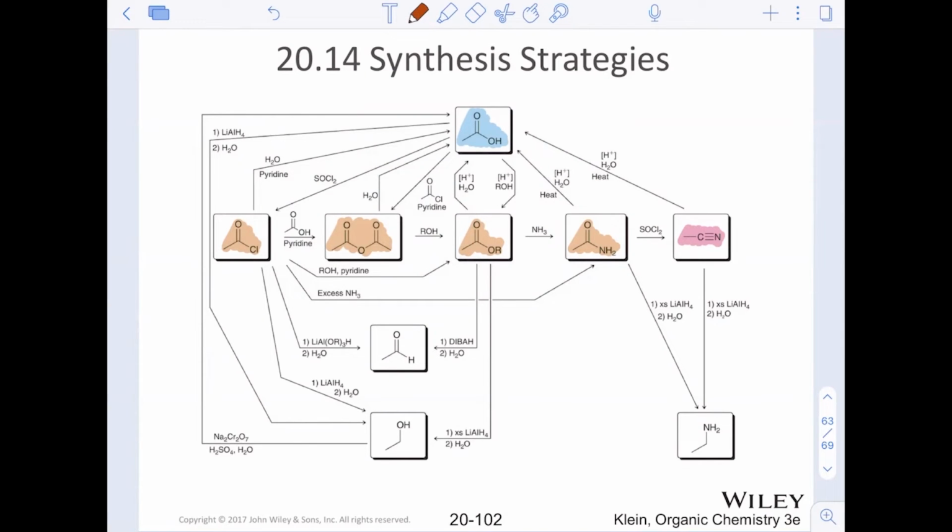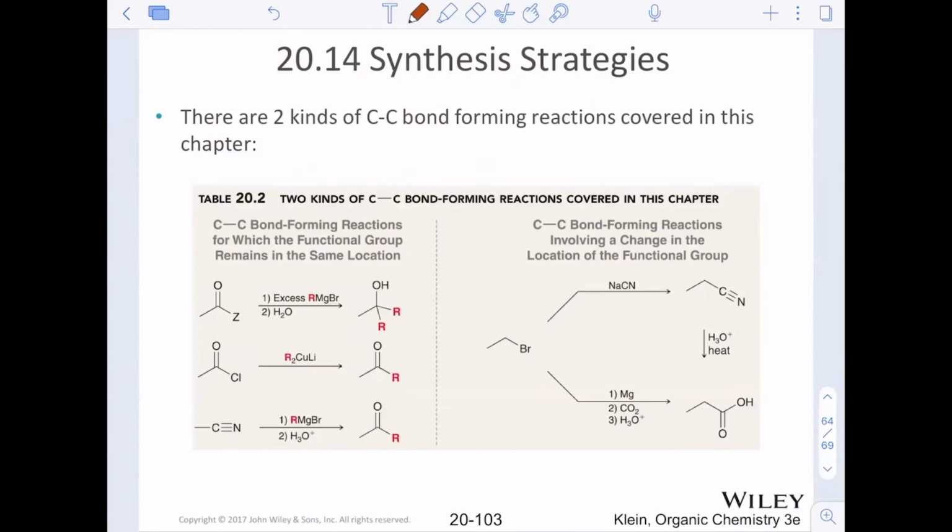So that's something to always remember as being possible. Not in this flowchart, but important for this chapter. 2 kinds of carbon-carbon bond formations that we covered, Grignards being the most important, nitriles being the second as important.